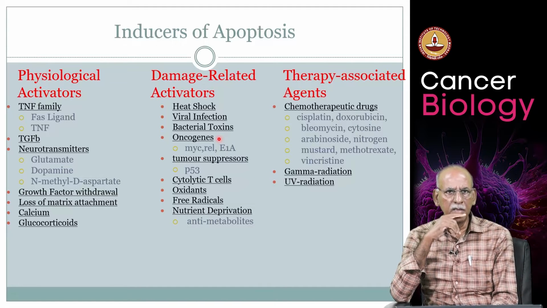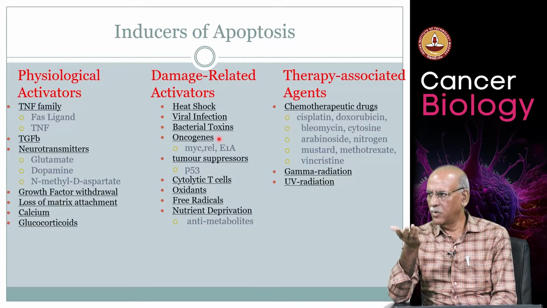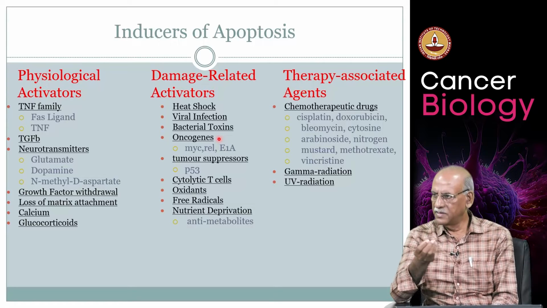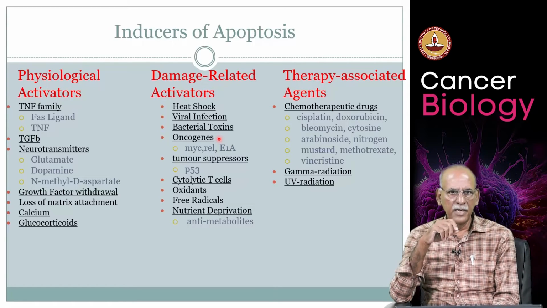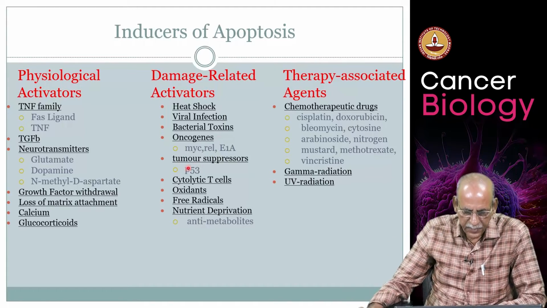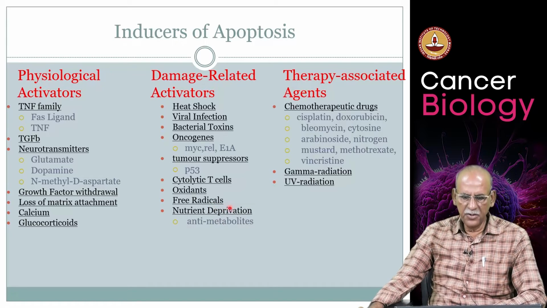Then some tumor suppressor genes like p53 are very well known to induce apoptosis. In fact, one of the major functions of p53 is to induce apoptosis. Cytotoxic cytolytic T cells, free radicals. Another important one is nutrient deprivation.